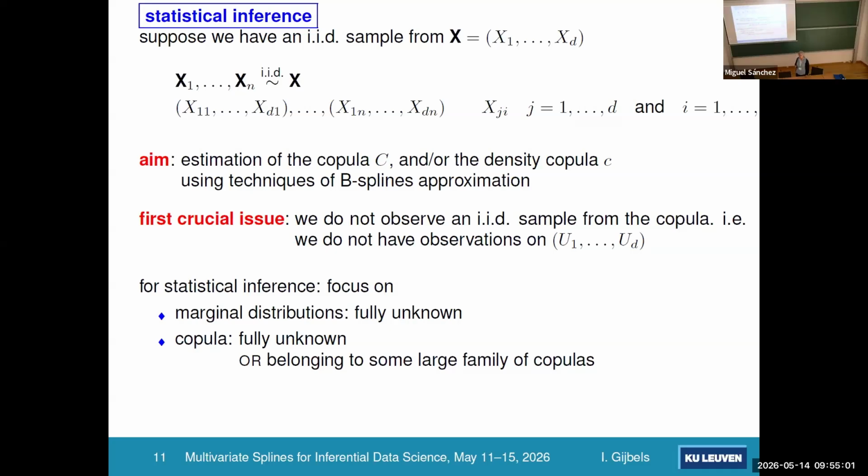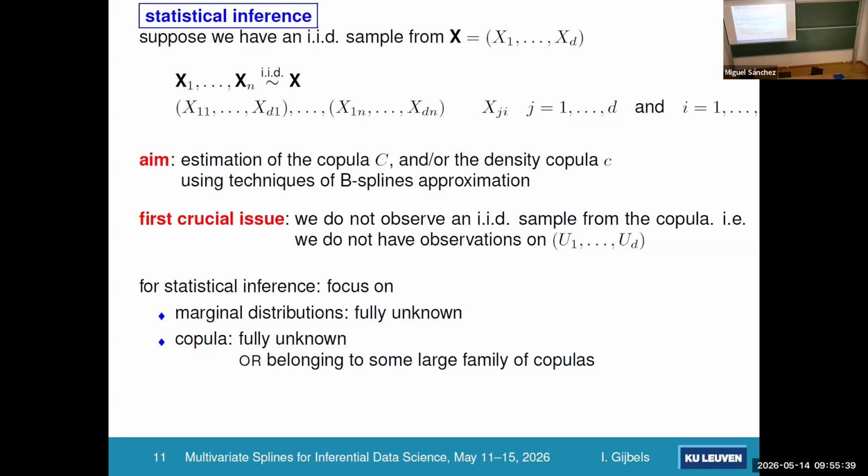So this is the IID sample from X, which I denote like that, or you can think of X1 as being this, and Xn as being this. So n is the sample size. So X_ji, the first index refers to the component, and the second index refers to which observation I have, right? And what's the aim? The aim is, as I said before, we want to estimate the copula C and its density if it exists, of course.